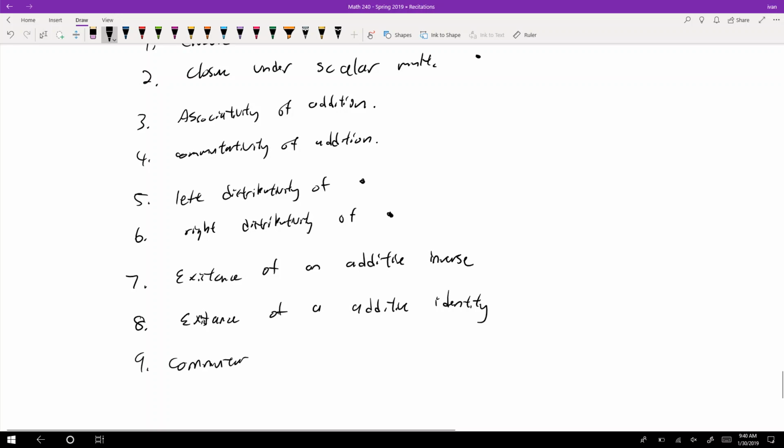Associativity of scalar mult. Oh boy, I'm missing one. I think it's scalar mult identity. I think this is all of them. There's a table in your book that has all of them. This is off the top of my head.